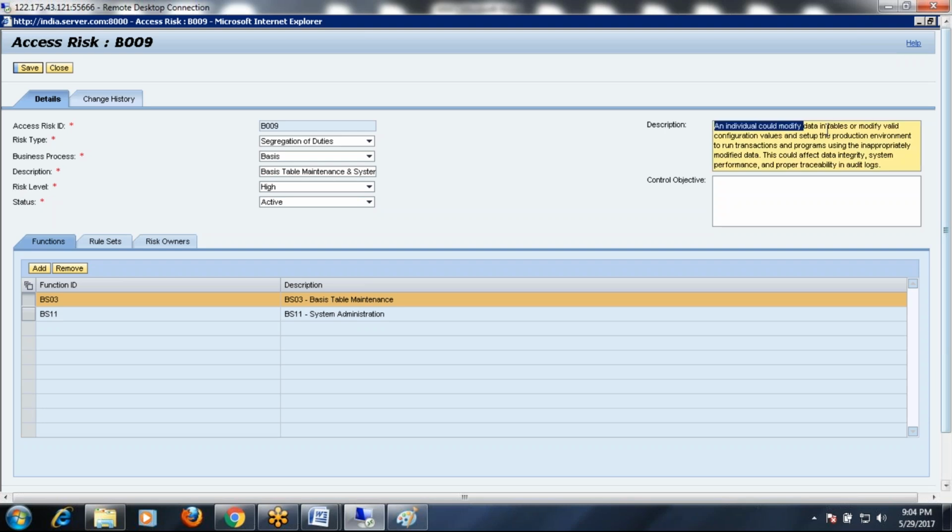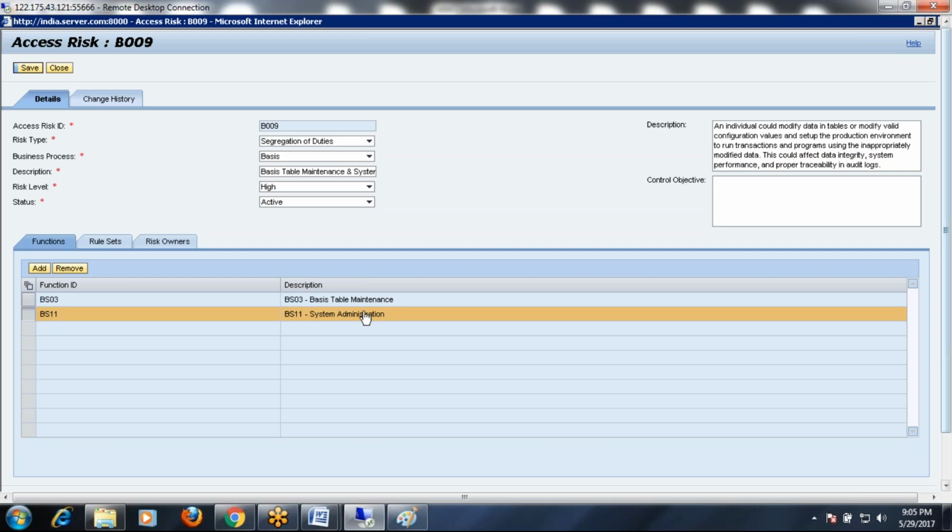An individual could modify data in tables or modify valid configuration values and set up the production environment to run the transactions and programs using inappropriately modified data. So what he's trying to explain here is, if a user has access to basis table maintenance and system administration, these two combined, what he can do.